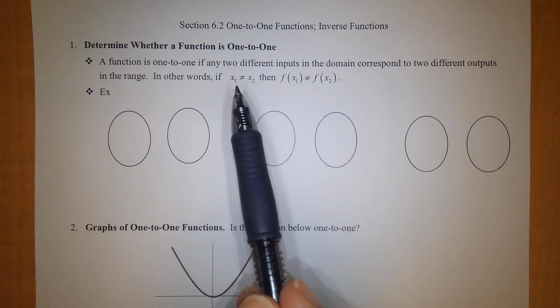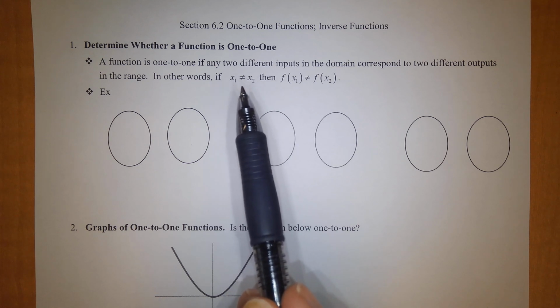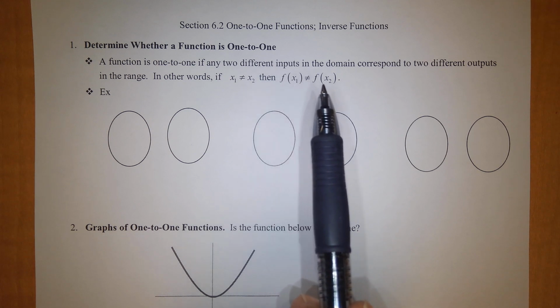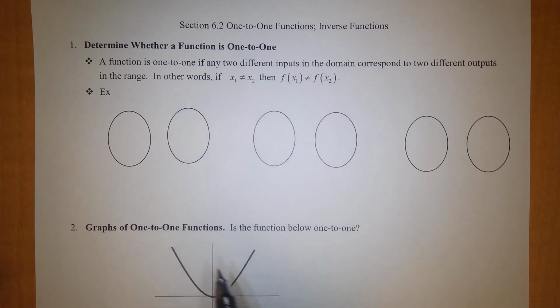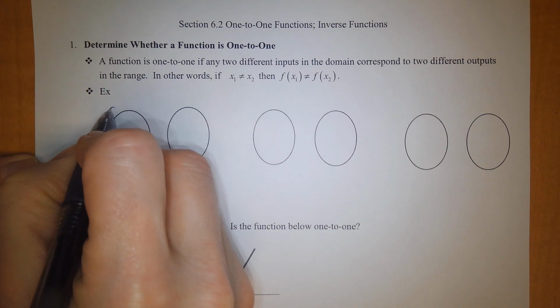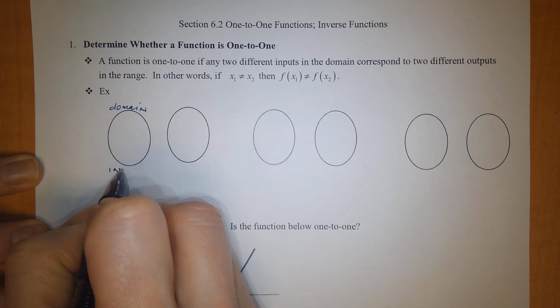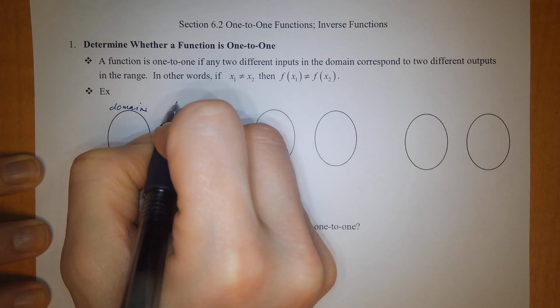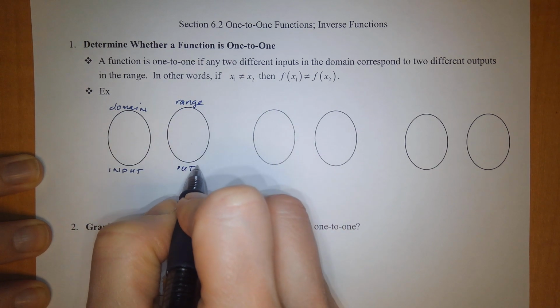In other words, if x and a different x are not equal to each other, then they will go to two different images in their range. For example, let's say over here, this is my domain, which we also could call our input, and then we'll call our range, which is also called our output.